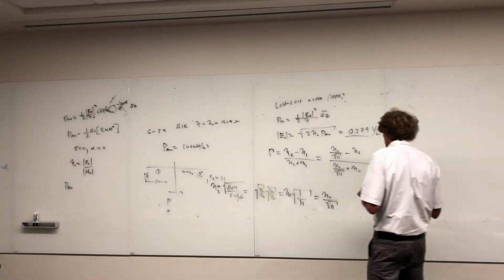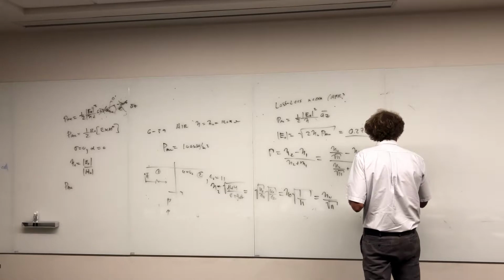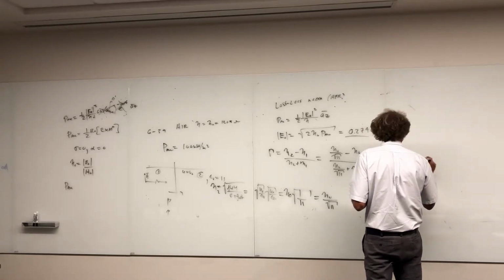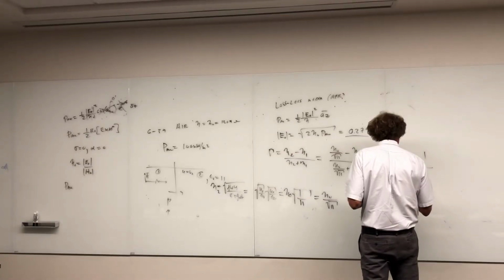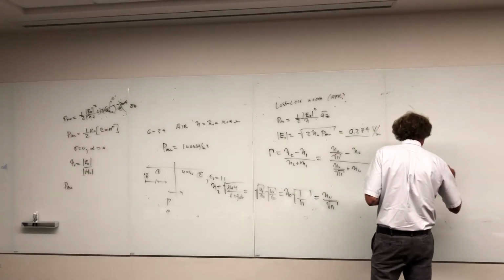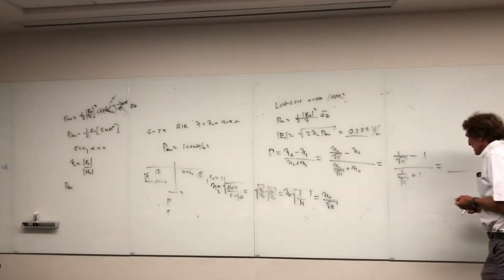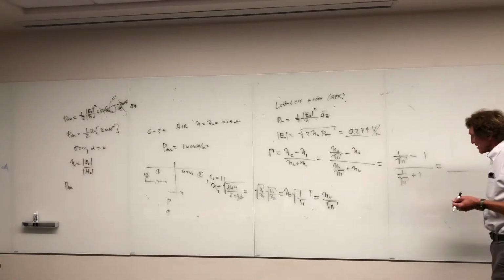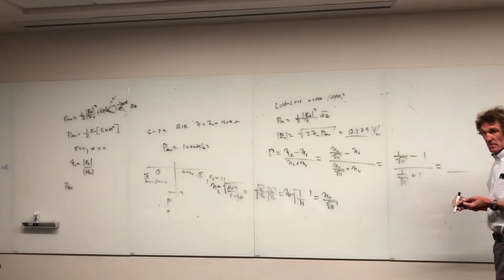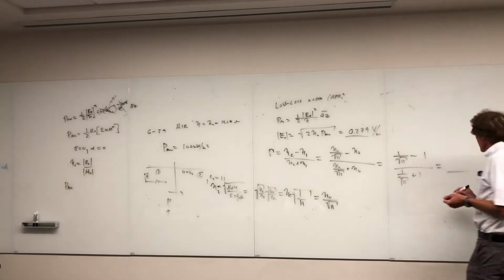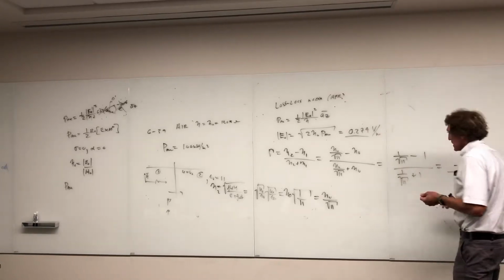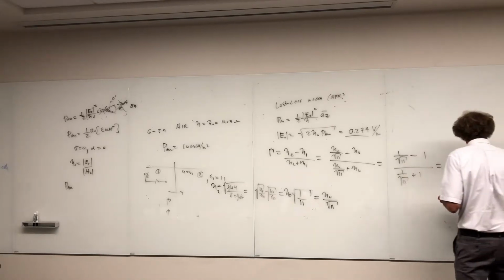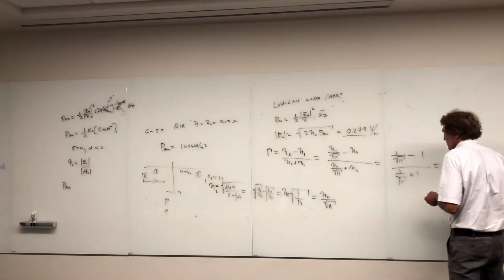So really I have 1 over the square root of 11 minus 1, and then 1 over the square root of 11 plus 1. And can anybody tell me what that is? It's going to be negative, but I don't know how negative. Negative 0.537. So now I have the reflection coefficient, right?